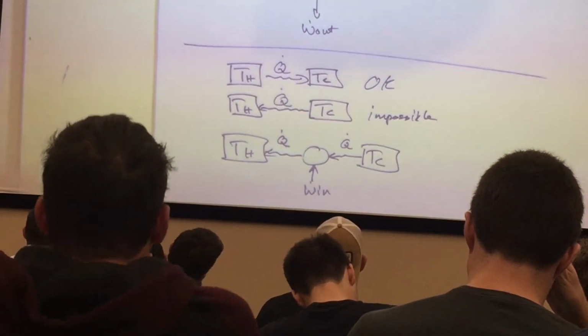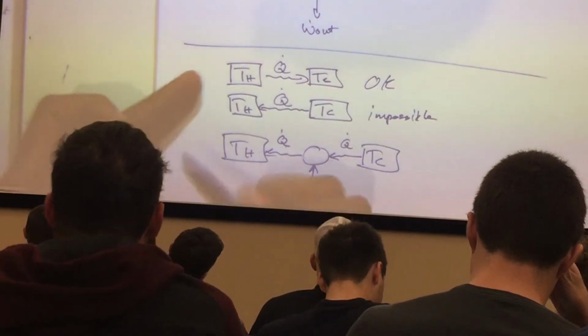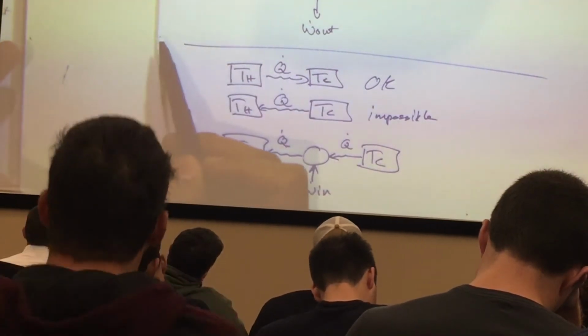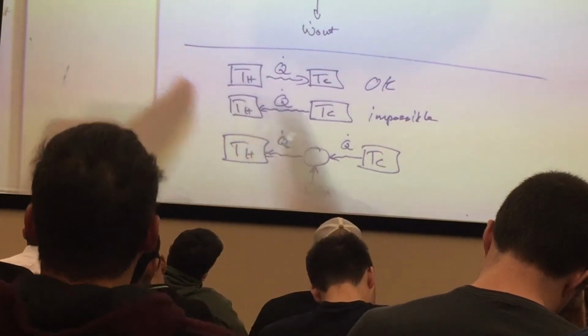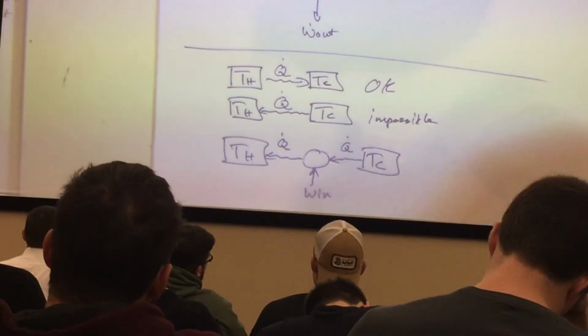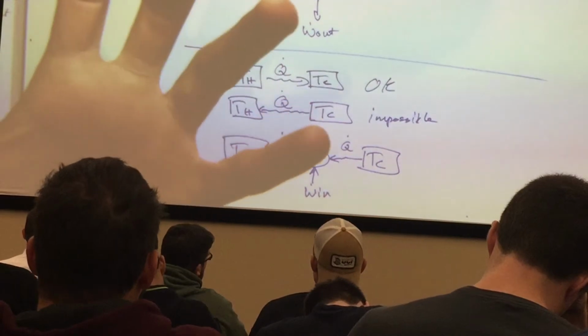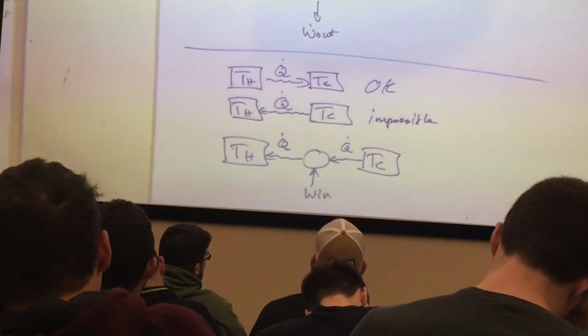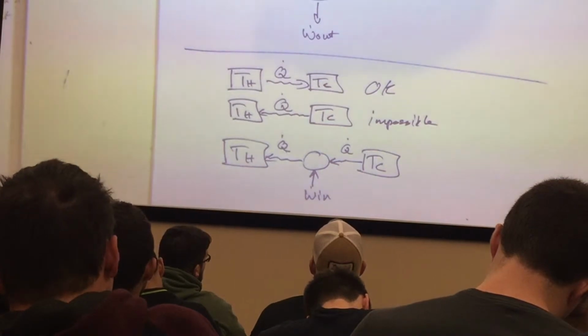So, irreversibilities. Once you go from T hot to T cold, I can't reverse the process back. I can't just go backwards. I have to do work in. And by doing that work in, that's energy that is lost, that I can't get back anymore. So although it moves from one way to another.